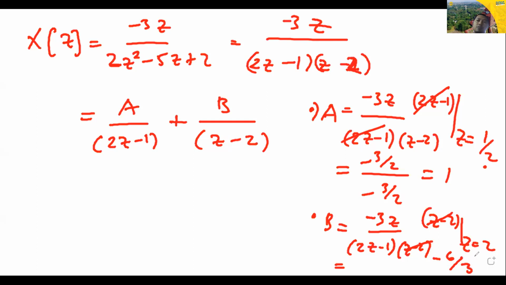So it becomes minus 2. Is it correct? Okay, so we can write here 1 over (2z minus 1) plus minus 2 over (z minus 2).